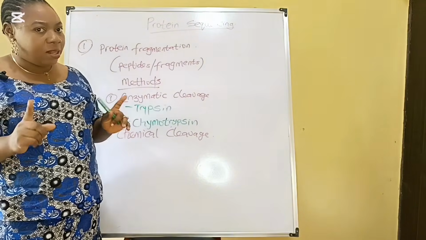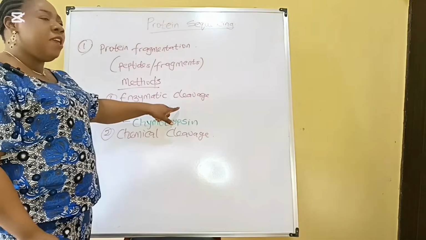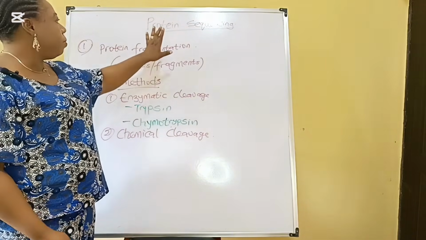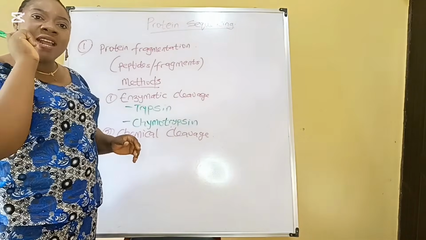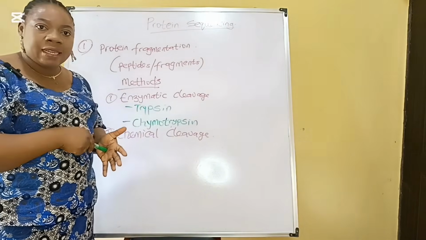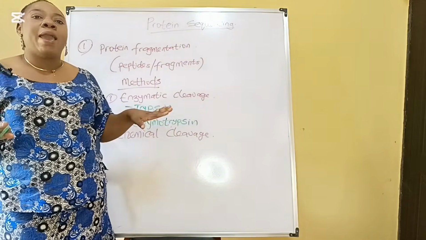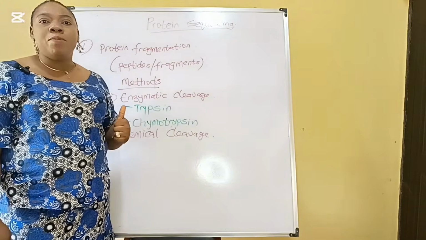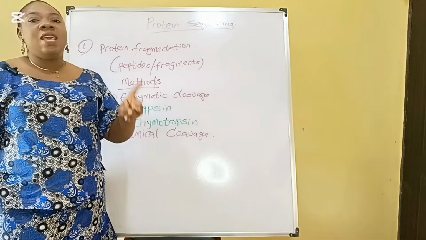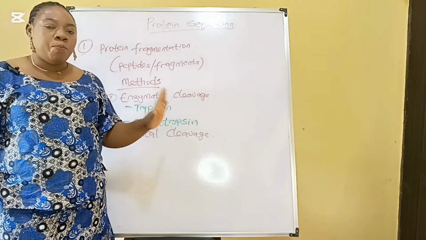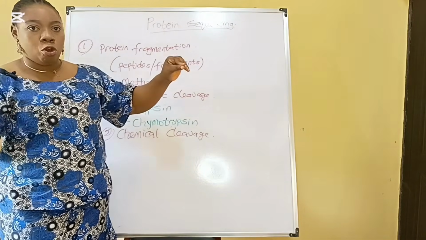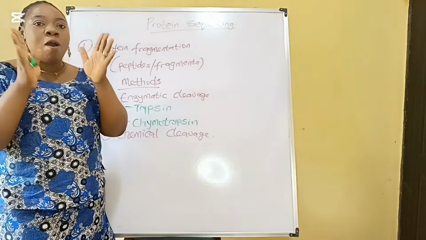Do you understand that explanation? So they only cleave your protein whenever they see the amino acid lysine or arginine. They say, oh, this one is my guy, is my party, let me come in here. So that is where they cleave the protein structure to give us small peptides.